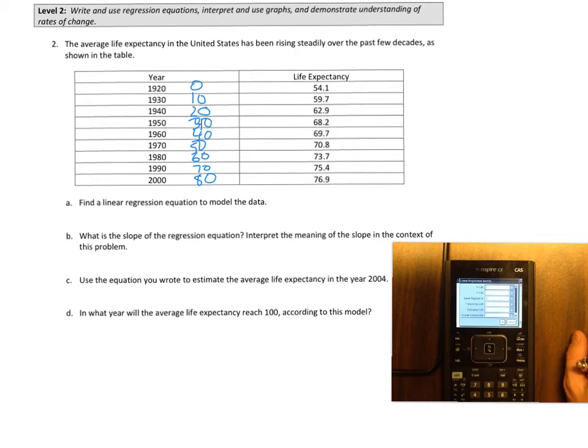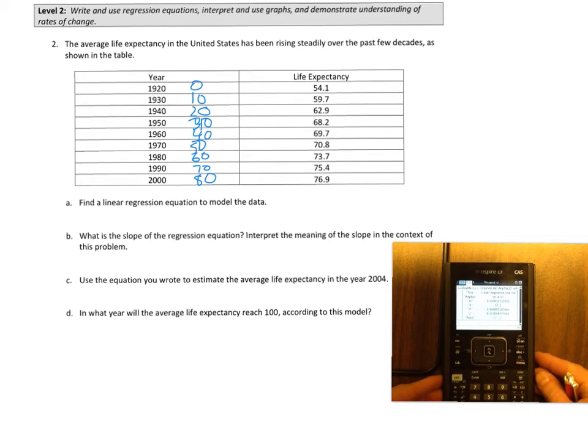And you have to tell the calculator what you named your X list and what you named your Y list, and we named them X and Y. So I'm going to do X, enter, X and Y, and then press enter, or highlight OK. And it gives you the values of M and B.